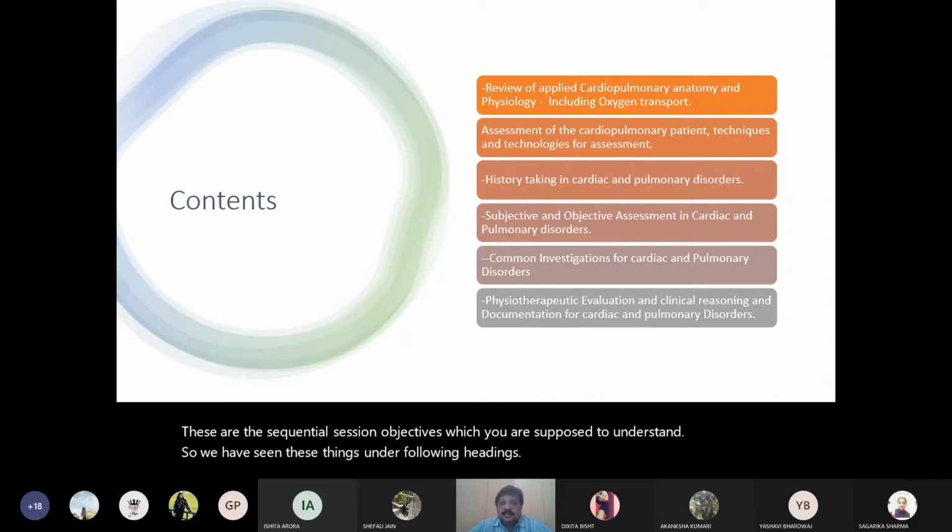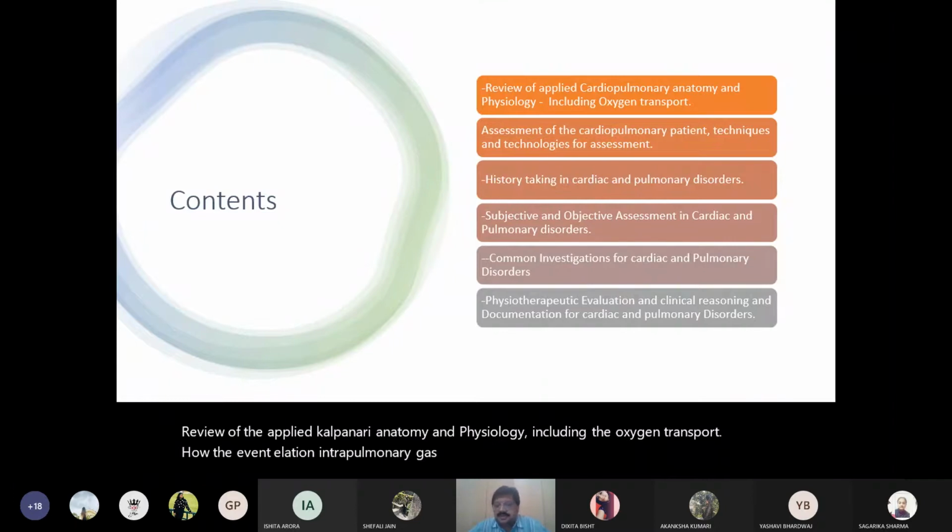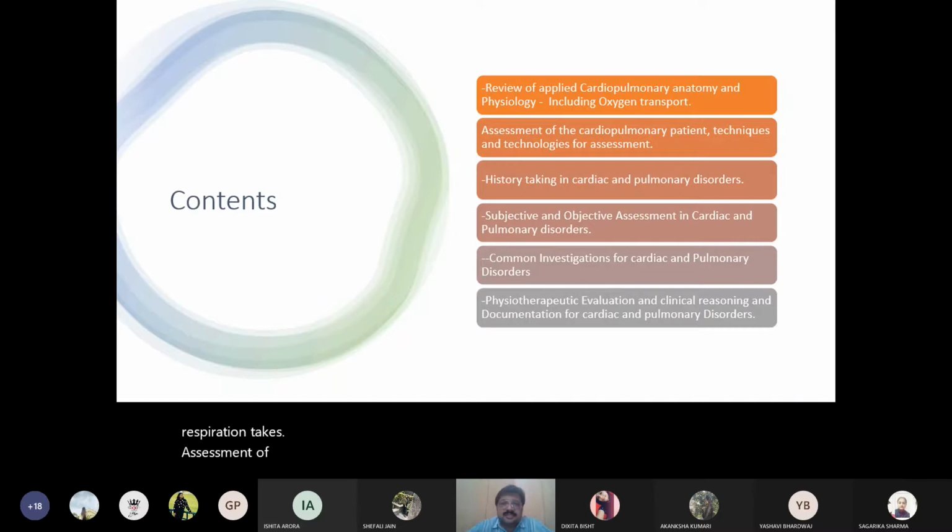Review of the applied cardiopulmonary anatomy and physiology, including the oxygen transport, how the ventilation, intrapulmonary gas mixing, transport of gases, internal and external respiration take place. Assessment of cardiopulmonary patient, various techniques and technologies for assessment.